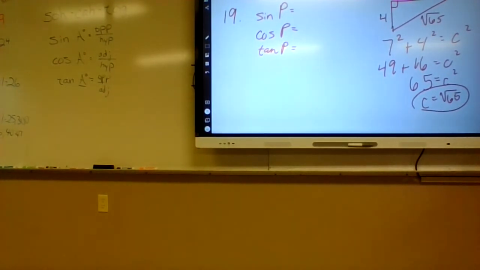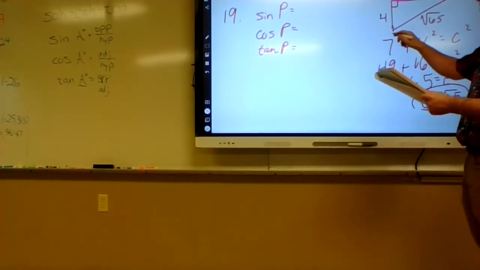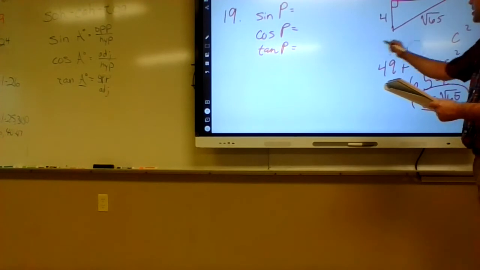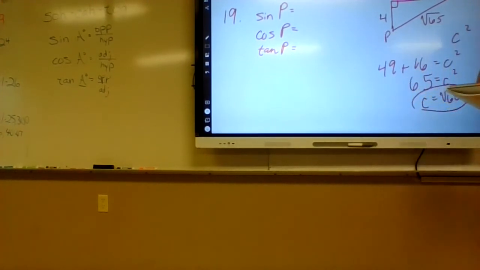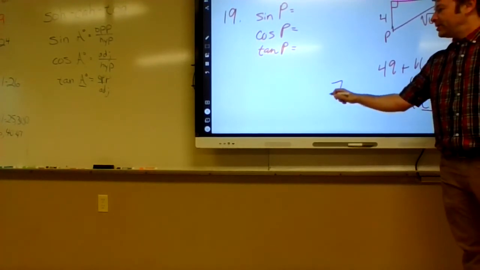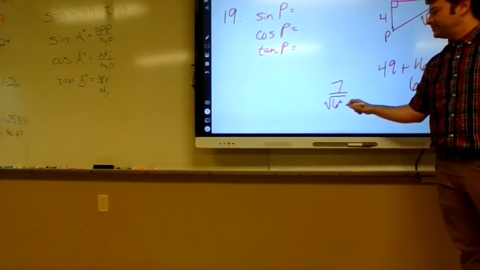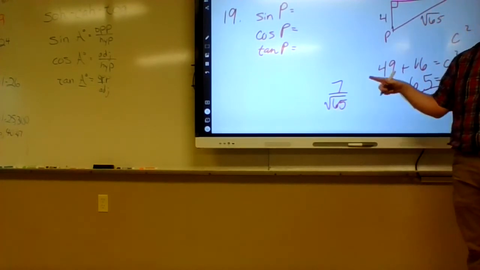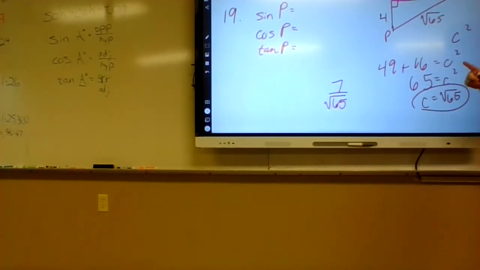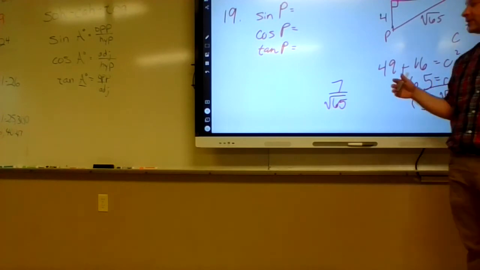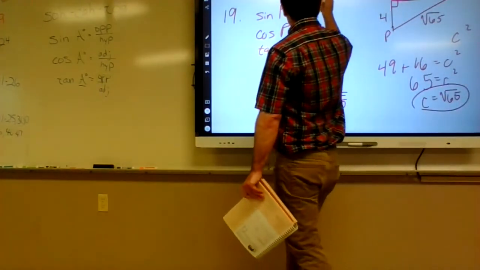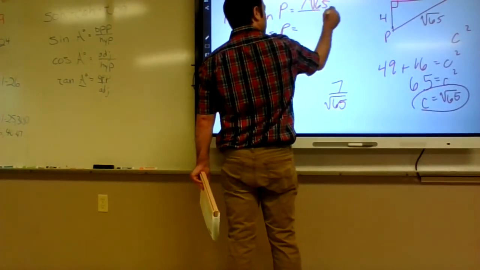Okay, Montana, sine is opposite over hypotenuse, so where's angle P down here? Okay, so what's the opposite of angle P? 7 over the square root of 65. Do you remember how we fixed the square root on the bottom? You multiply top and bottom by the square root of 65, and you get 7 square root of 65 over 65.